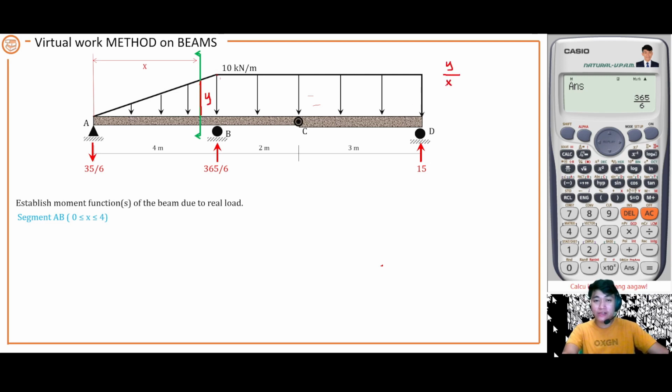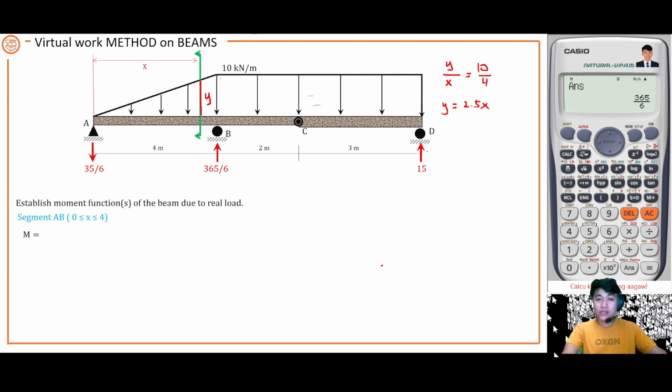So y over x is proportional to 10 over 4, or y is just equal to 5 over 2, or simply 2.5x.